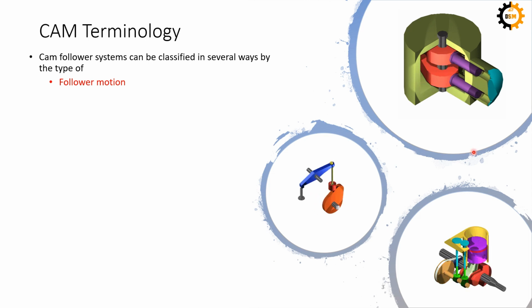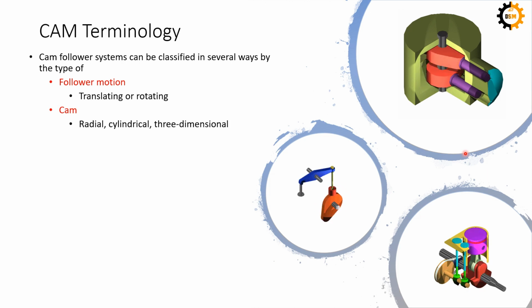So if the follower motion is concerned, the cam follower mechanism can be called a cam follower mechanism with translating follower or rotating follower. So here in this example, the follower is translating about this shaft, and in this example, the purple follower is just translating.